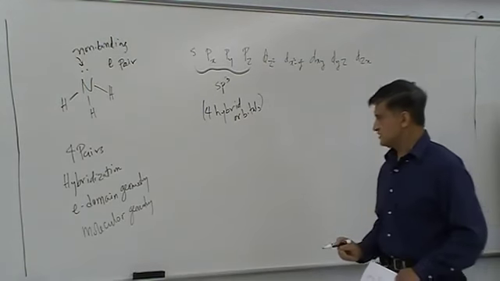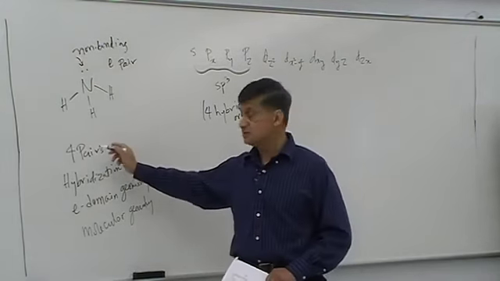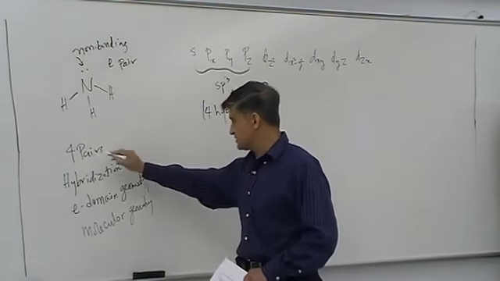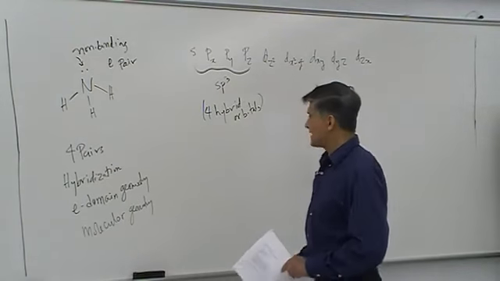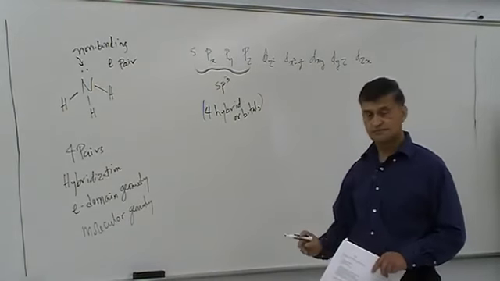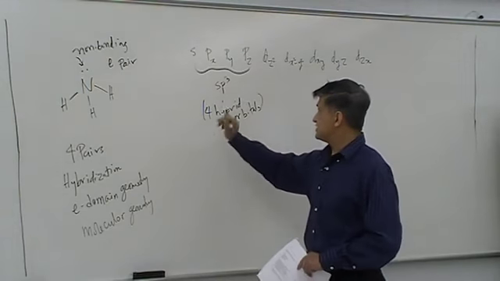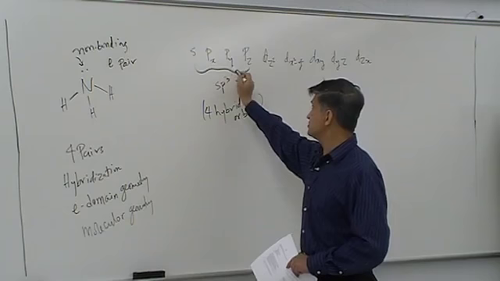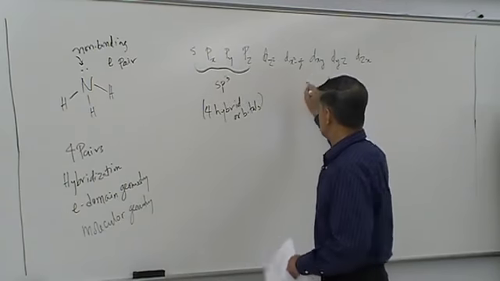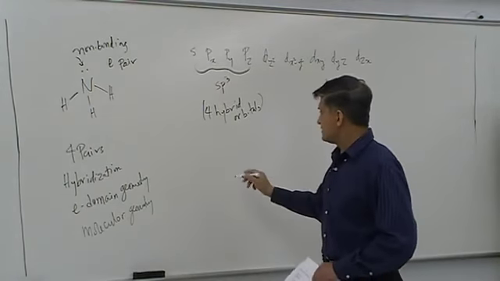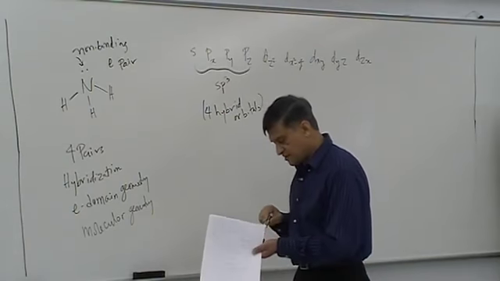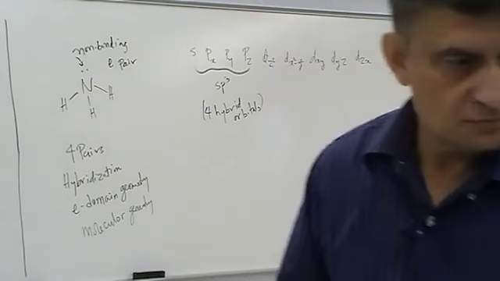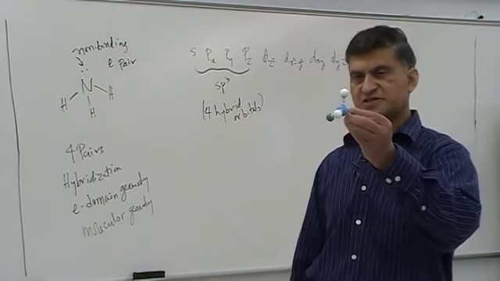So keep this in mind, that depending upon how many pairs of electrons you have, your hybridization would be such that it must be able to house 4 pairs of electrons in this particular case. If I have 3 pairs of electrons, then my hybridization would be s, px, and py, or sp2. So keep this in mind. And the other thing I wanted to tell you, if there are 4 pairs of electrons, or sp3 hybridization, this is going to be the geometry.